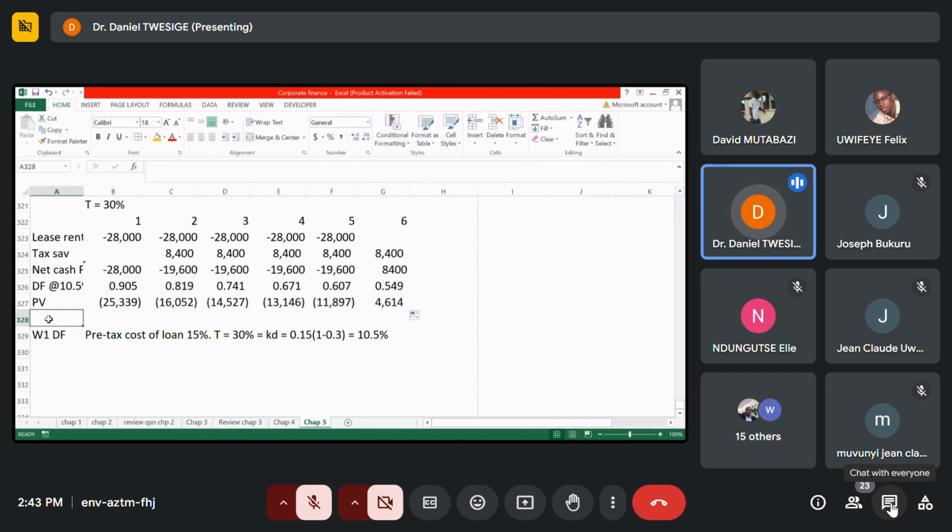Sometimes they say PV of the lease, but I call it a PV cost of lease. I'm just going to add to get the summation, from year 1 to year 6. So if you are to finance this asset using a lease, that will be the cost.